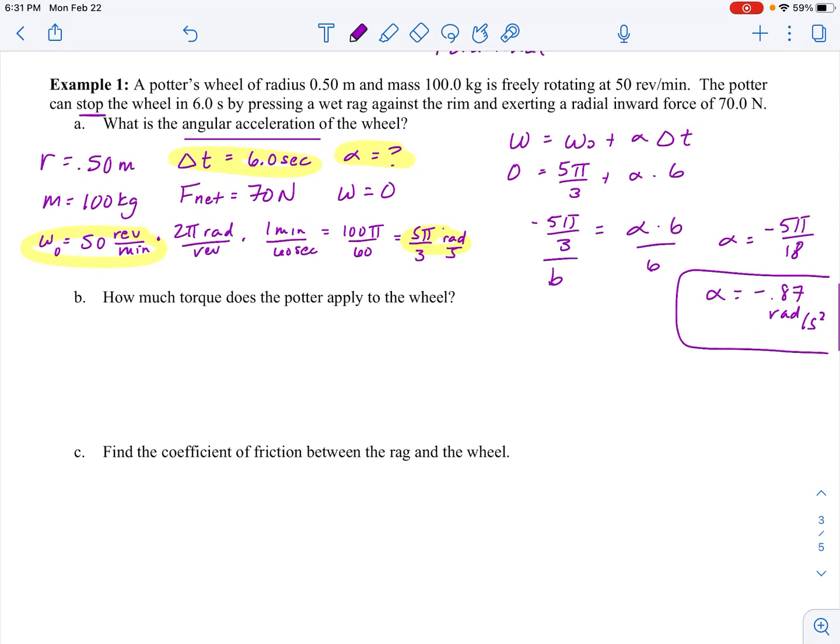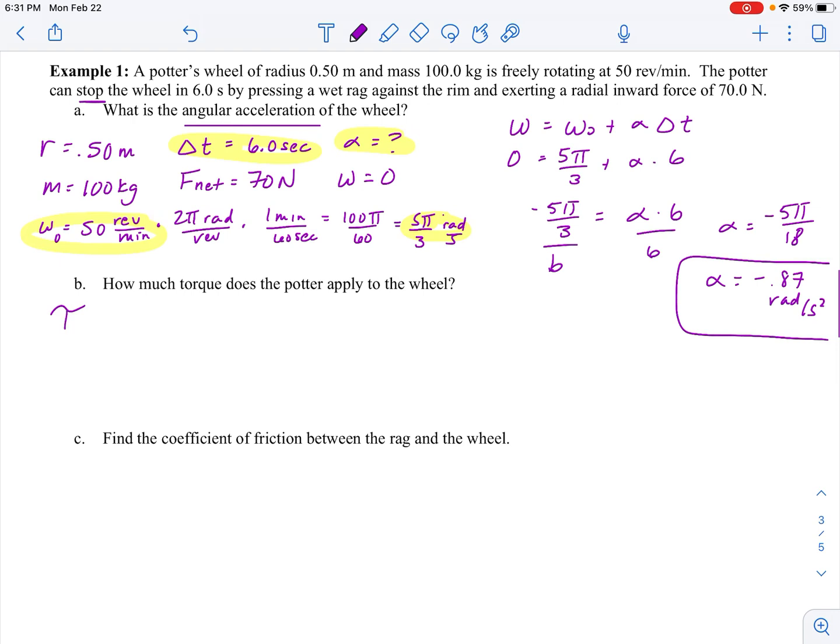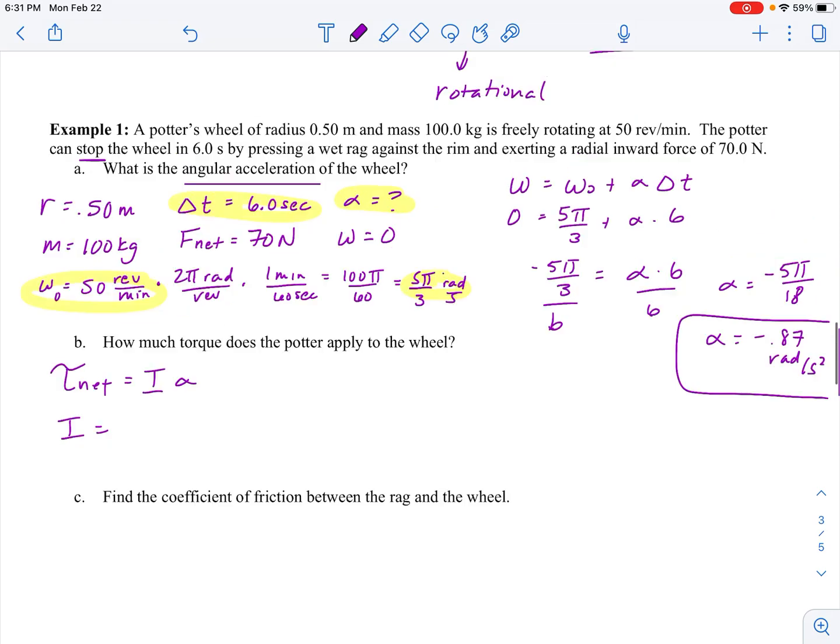Okay, next question. How much torque does the potter apply to the wheel? In order to figure this out, I'm going to say that net torque is equal to moment of inertia times angular acceleration. The moment of inertia, this object is a disk.